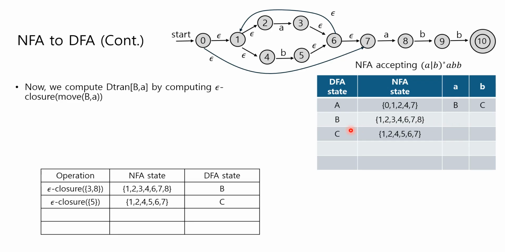So to compute Dtran[B, a], we compute the epsilon closure of move over B, a.